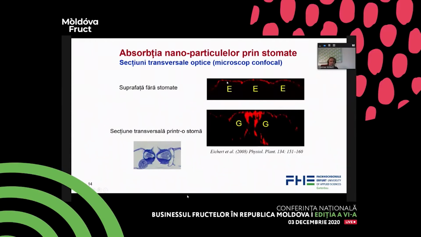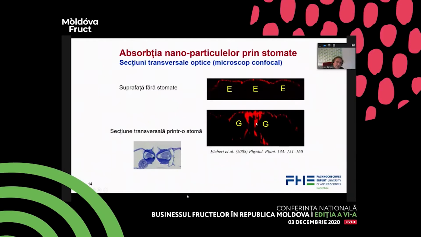So this is a cross section where the surface has no stomata. You see the epidermal cells and the material is on the surface. And if we made this optical slicing of the leaf, by incident, we sliced in the middle of such a pore. These are the guard cells forming the pore. You can see it at the light microscope. And this is the stomatal pore.